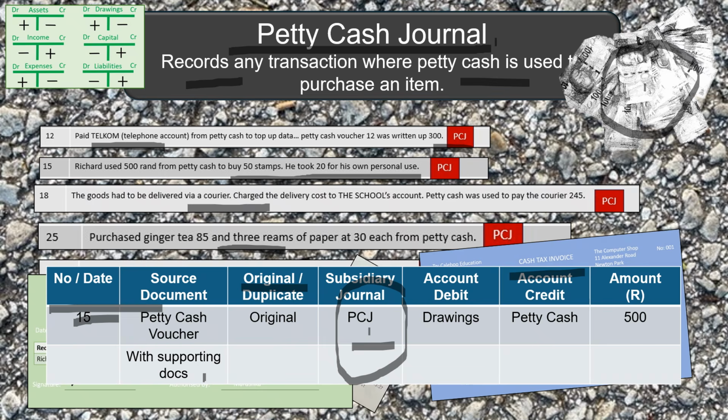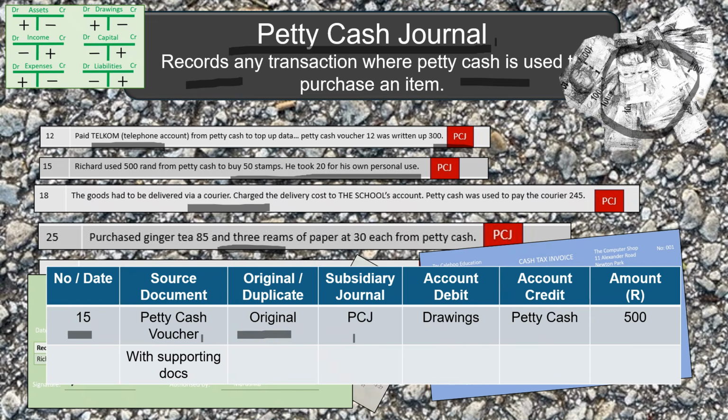And if we had a look at just one example, the owner took 500 Rand for personal use from petty cash. Just put in there the date, the 15th. The document will be the petty cash voucher. This is an internal document, so the person doing the bookkeeping will use the original.